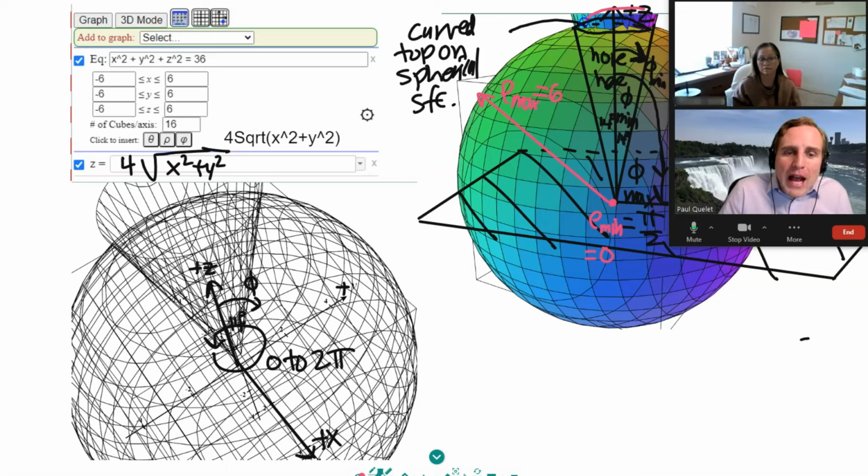But because we're excluding this part in terms of phi, we don't need to change the rho. The rho is just still a set of constants from 0 to 6. Because the only thing that's done is between certain phi angles, we have to work with that.